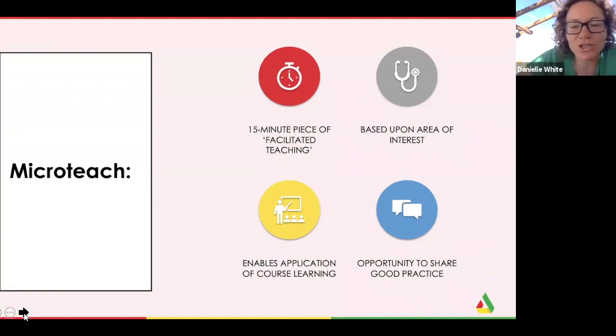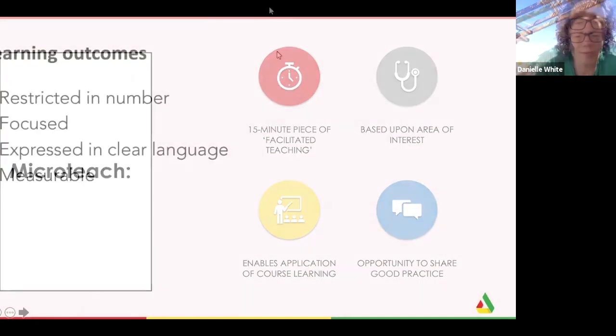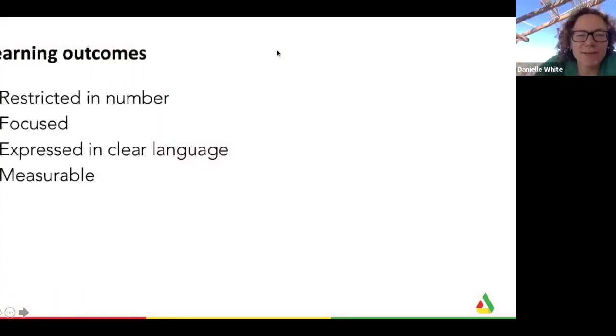So the micro teach is a 15-minute piece of facilitated teaching. It's based upon an area of interest. It enables the application of course learning, and it's an opportunity to share good practice. So the thing that makes this different from other types of presentations or facilitated learning in higher education is that you're thinking about what the learning outcomes are.